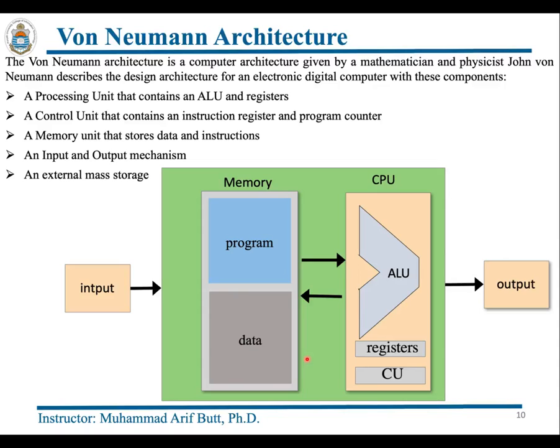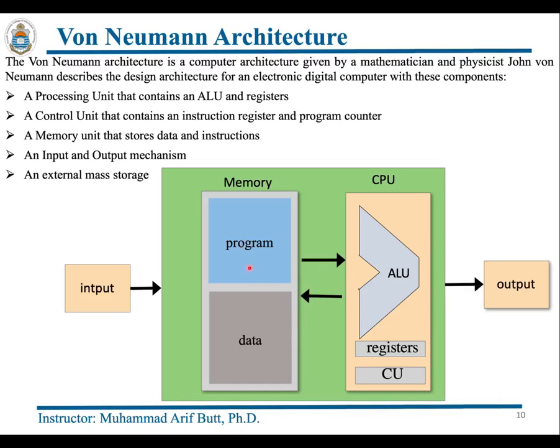And this is the von Neumann architecture, and that describes the architecture of an electronic digital computer having these components that we have already discussed: a processing unit that controls the ALU and the registers, a control unit that contains the instruction register and the program counter as well, that decides which instruction to execute next.